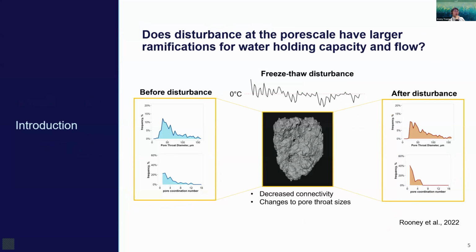One of the reasons why the development of PortaChip was interesting is because Aaron Rooney wanted to be able to visualize and set a pore structure in a 2D micromodel that matched a soil core before disturbance and after disturbance. So she did some research using soil aggregates of soil that had not been disturbed and soil that had been freeze-thawed, and had a look at the pore diameters, the pore throat diameter ranges, and the coordination number, which is the number of pores another pore is connected to.